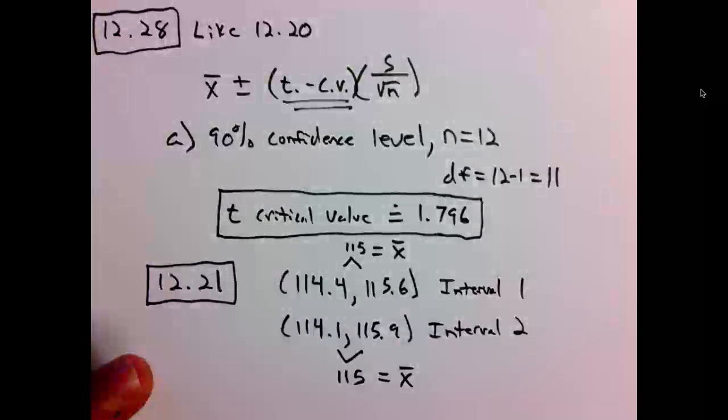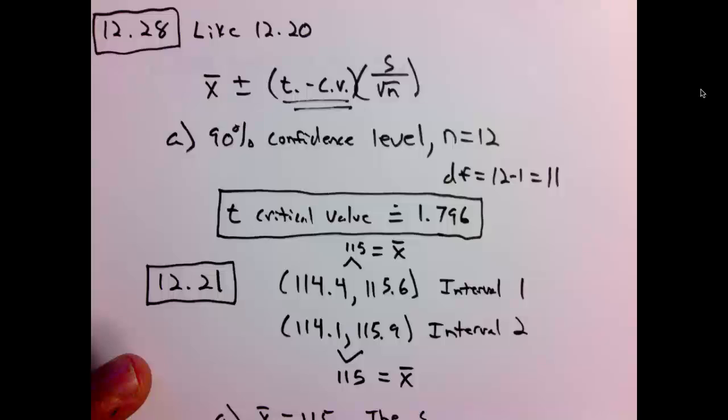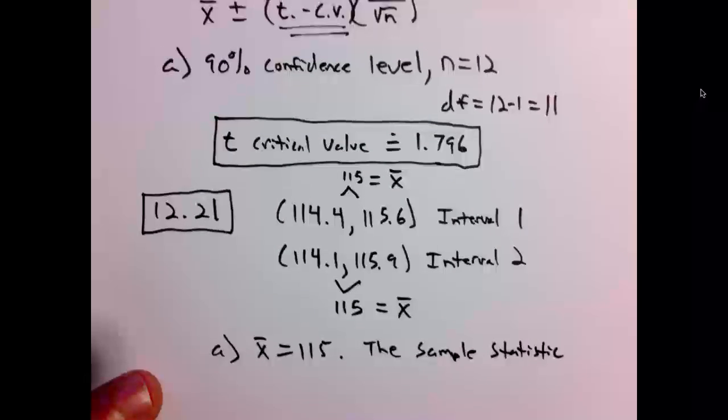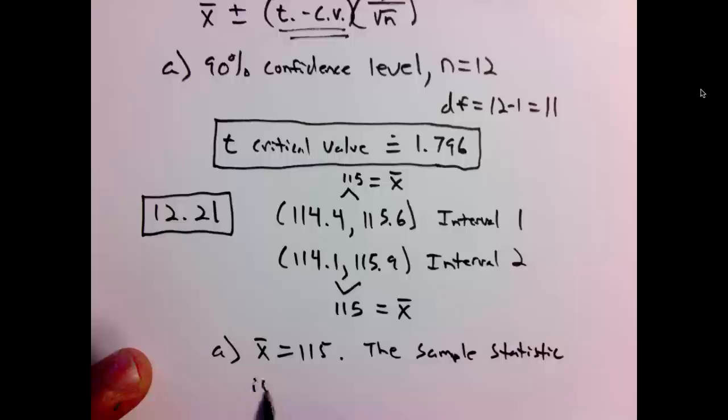What is the value of the sample mean resonance frequency? We just found that. A, x bar is equal to 115. How do we find that? The sample statistic is the center of the confidence interval.